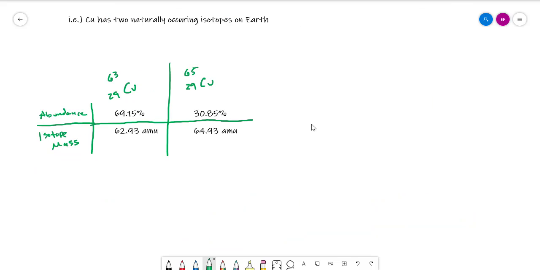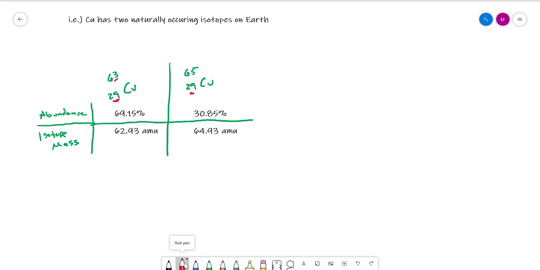Okay, as an example, copper has two naturally occurring isotopes on this planet, and I have those represented in the green text here. Both obviously have to have the same number of protons, because that defines what the element is, but they differ in that copper-65 has two additional neutrons relative to copper-63.